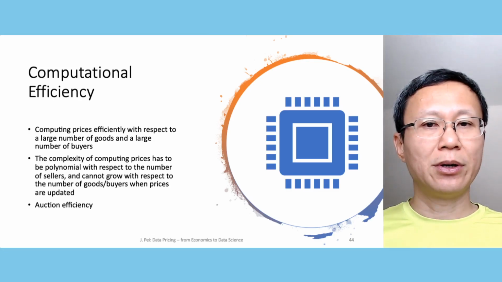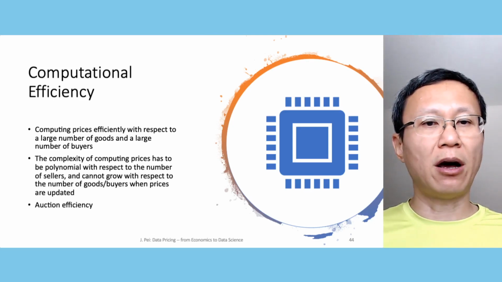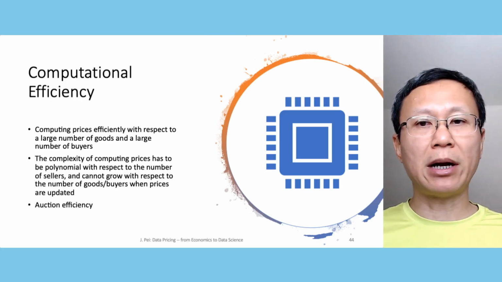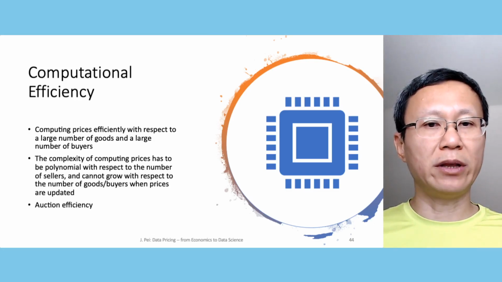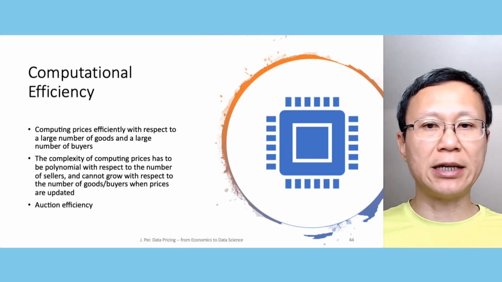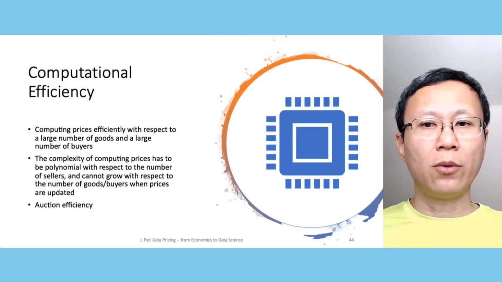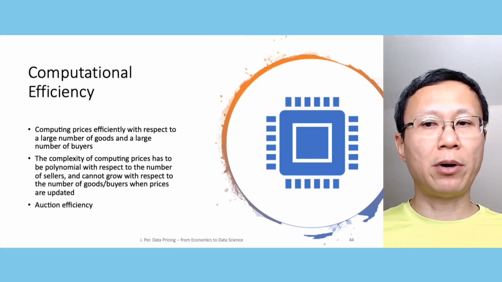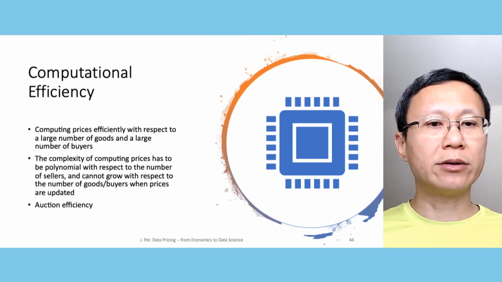For example, one reasonable expectation is that a marketplace is polynomial. That is, the complexity of computing prices has to be polynomial with respect to the number of sellers and cannot grow with respect to the number of goods or buyers when prices are updated. When auctions are used in determining prices, auction efficiency, which is the time needed to process bids, is required to be fast.